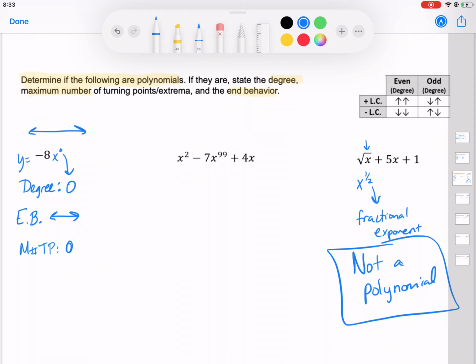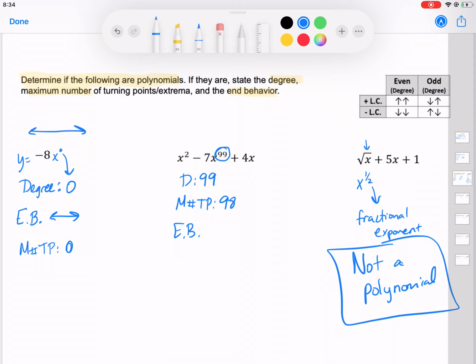So let's go to one that's a little more exciting. The second example right here, our degree is 99, because it's the highest exponent. Maximum number of turning points then is 98, because it's 1 less. And then end behavior. This is how I like to think of it.